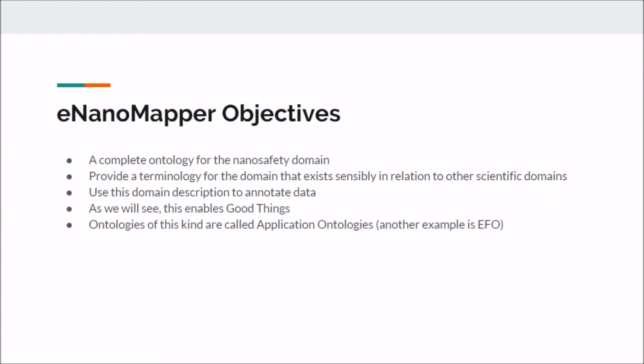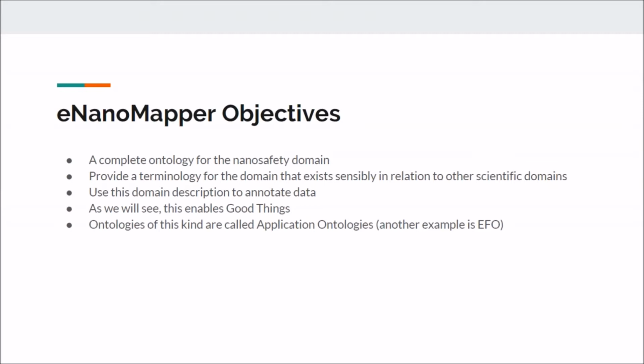Then we want to move on from this description of the domain to annotate data and experimental results, and reap the rewards of all the good things this enables, which I'll overview in a bit, and Tassos also talked about previously.